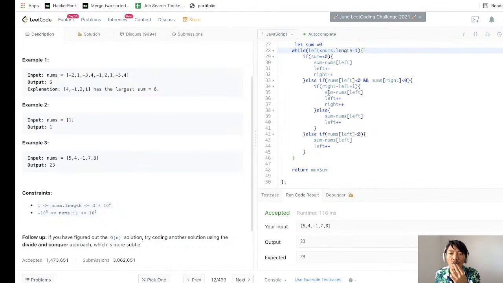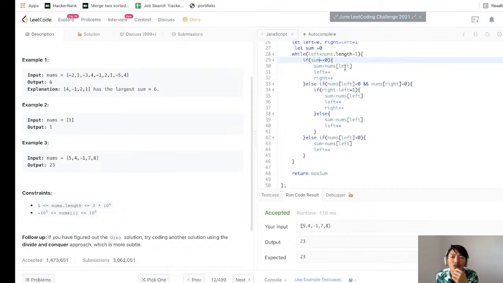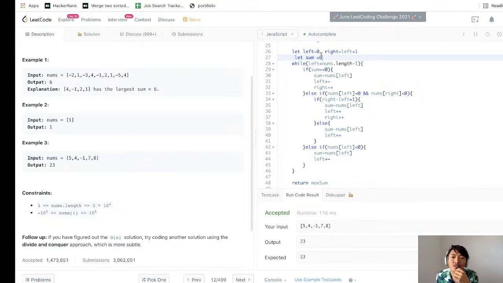So right now, we are running the loop till left hits the limit. If the sum of these two is less than 0, we are increasing both of them. Initially sum is nums of left plus nums of right.